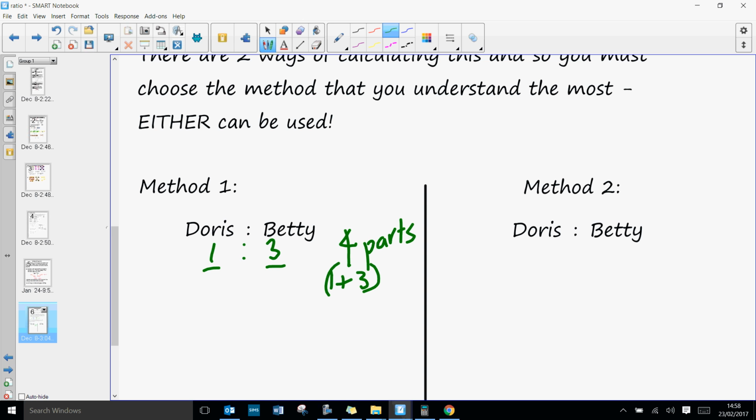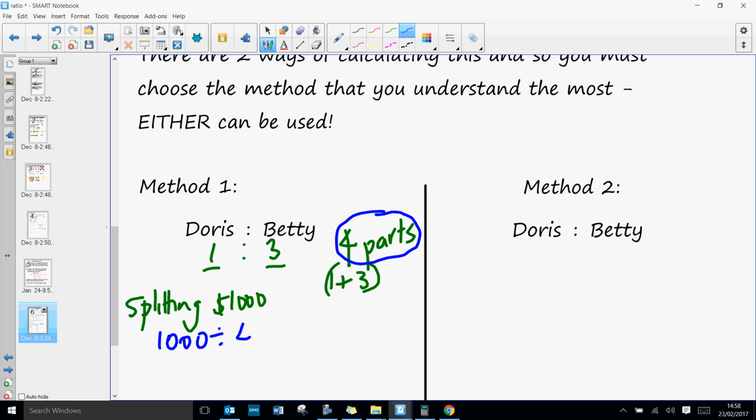If we can find the value of 1 part, then we can find out how much they should each receive. Now we are splitting $1,000. If we're splitting $1,000 into 4 parts, splitting indicates dividing, so we're going to do 1,000 divided by 4. That gives us $250.